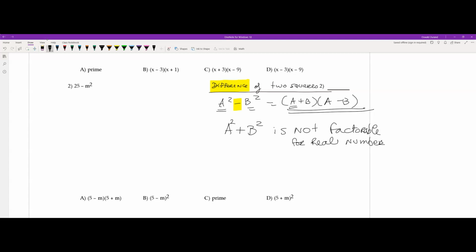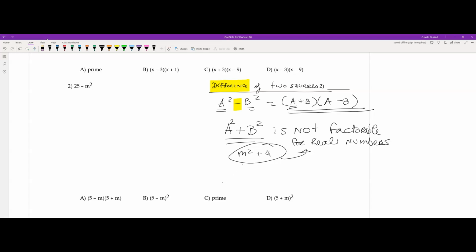If I don't put that, then it's not accurate. But if I put it's not factorable for real numbers, then for us here, if you see something like m squared plus 4, you will not be able to put it as a plus b times a minus b. So this is not factorable. You will not have an answer. You see prime here. So this one will be prime.